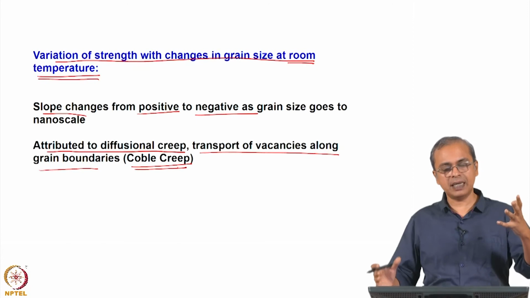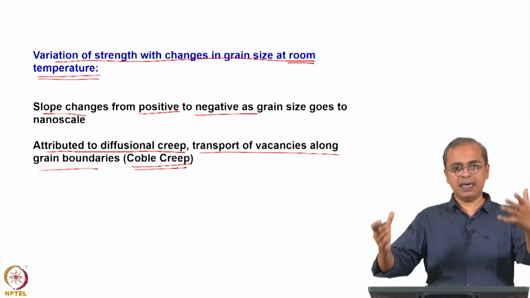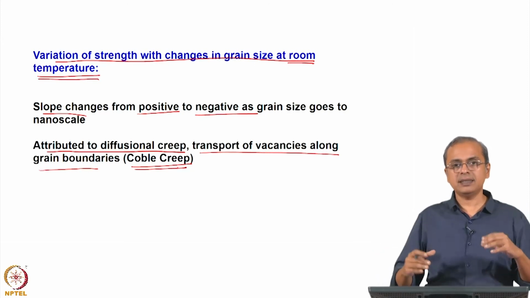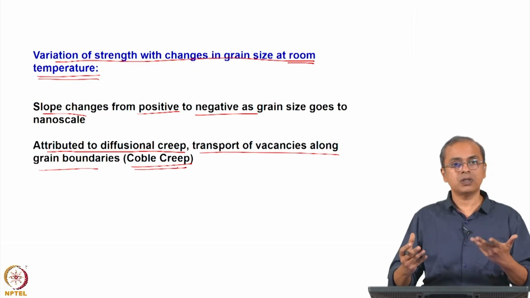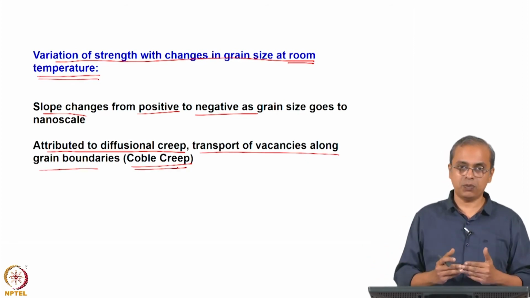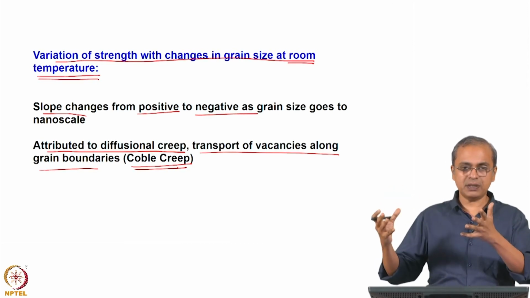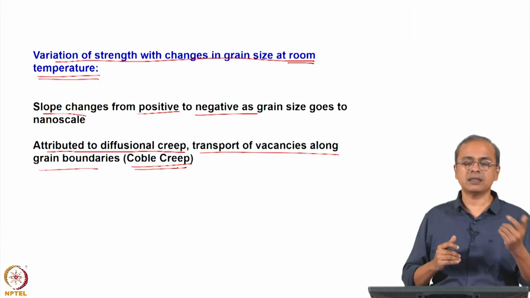At high temperature it keeps slowly deforming, and that is called creeping. So, this is usually a high temperature phenomenon, but in this case we happen to be seeing it at room temperature simply because you have a sample where the grain size is extremely small. So, you are seeing a high temperature phenomenon at room temperature simply due to the presence of a very large number of grain boundaries.